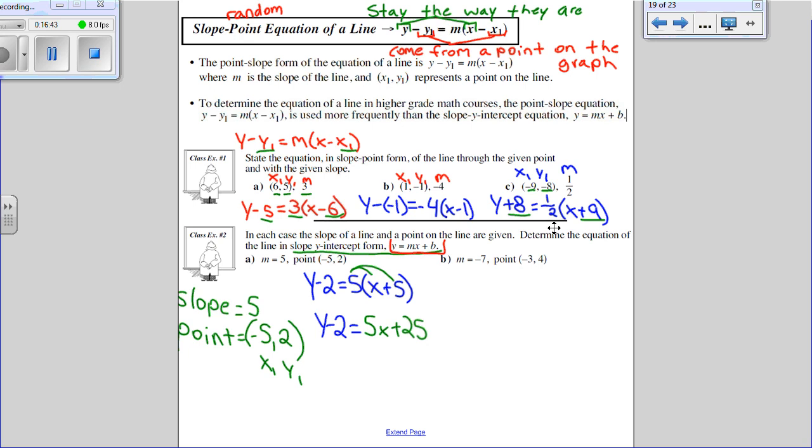So to move a negative 2 to the other side, you would have to add 2. By adding 2, you get y equals 5x plus 27. And that would be your equation in slope y-intercept form.